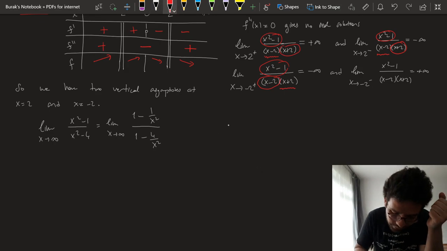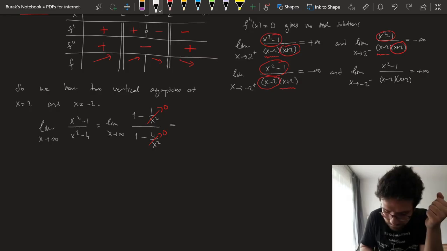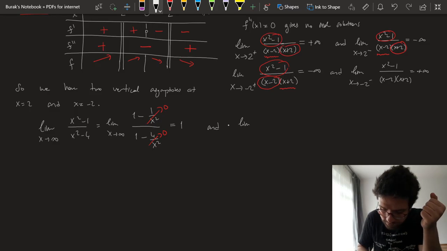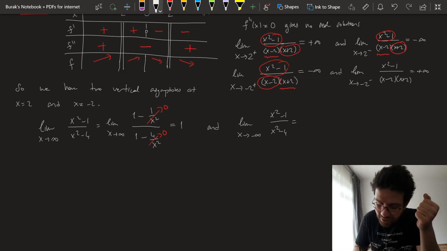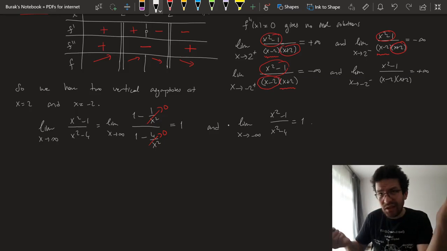And when x goes to infinity, this goes to 0, this goes to 0, and this will be 1. Okay? And similarly, the limit of this at negative infinity will be 1. You can check that.